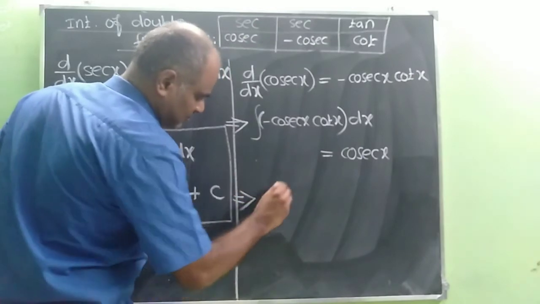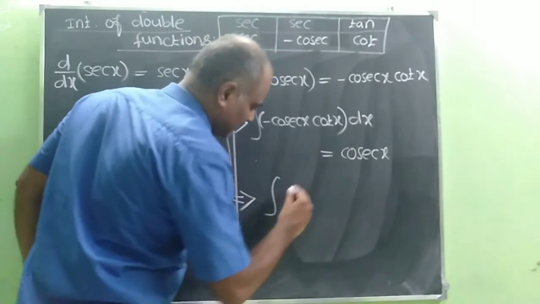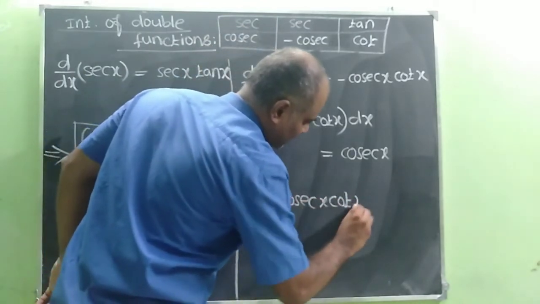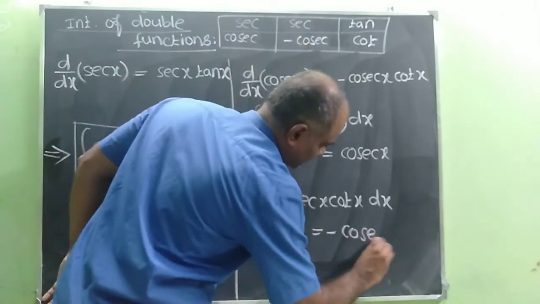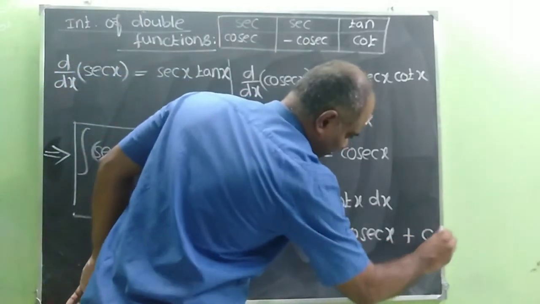This implies, finally, we write the negative value, the minus goes to the opposite side, and we get integration of cosecant x cot x equals minus cosecant x. This is an indefinite integral, so we have one constant c.